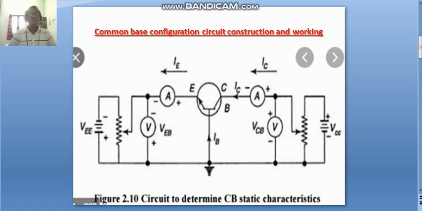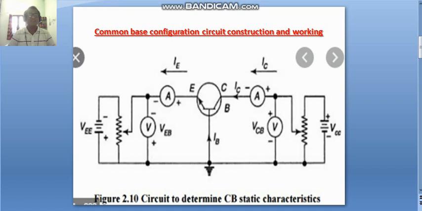Because a transistor has three terminals, but four terminals are required to connect the transistor in an electronic circuit, one terminal is deficient. To overcome that defect, we are taking any one of these three terminals.